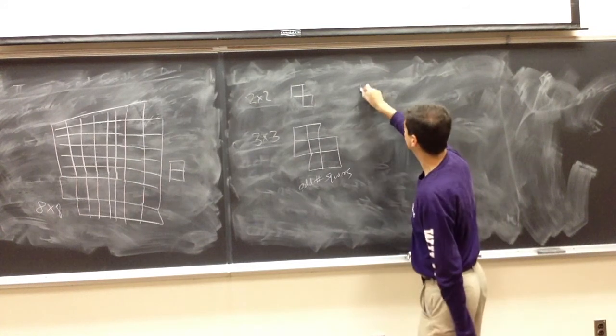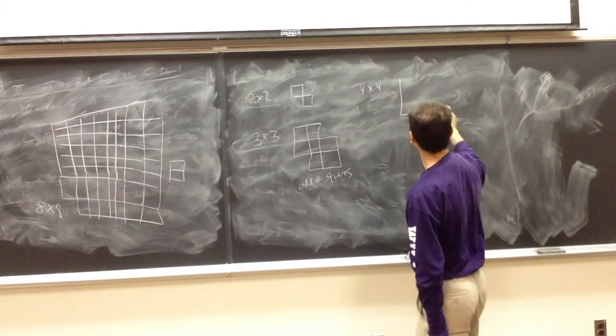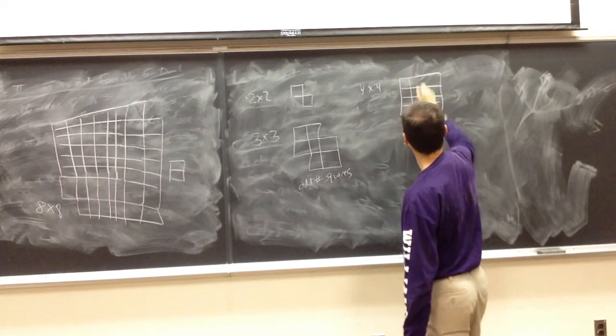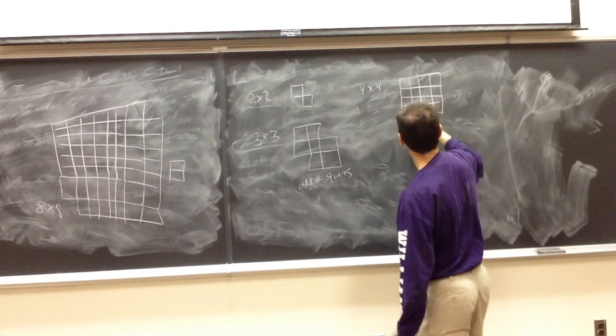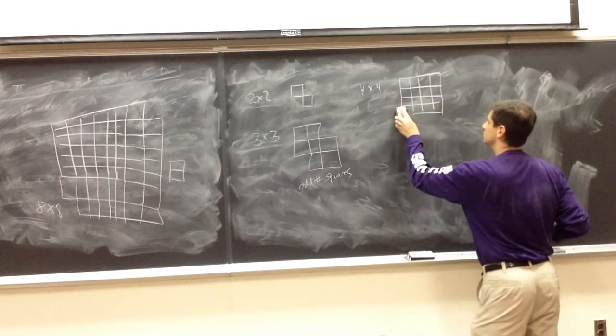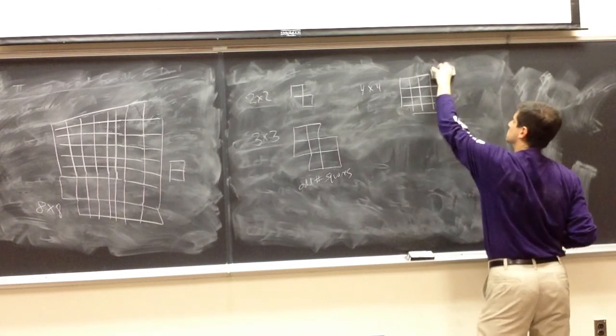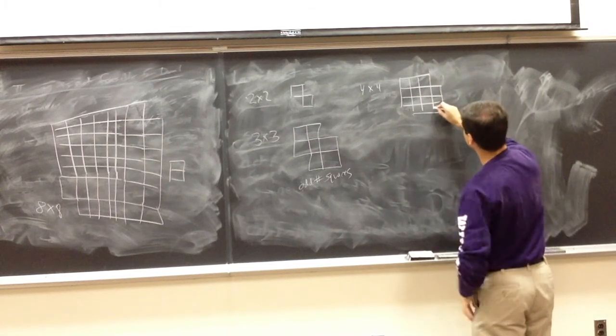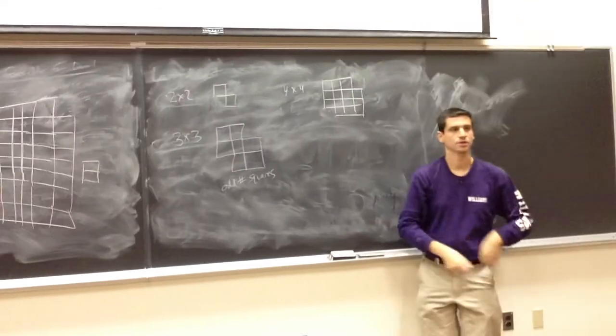What if we now go to 4x4? So 1, 2, 3, 1, 2, 3. Now it's not so clear as to whether or not there's a way to do it.